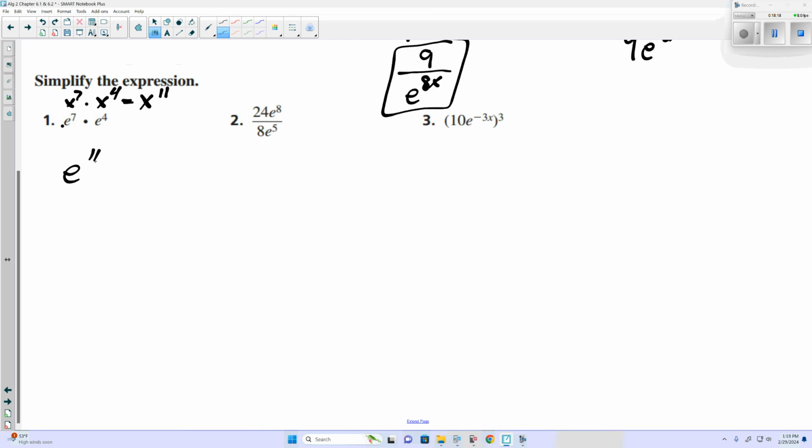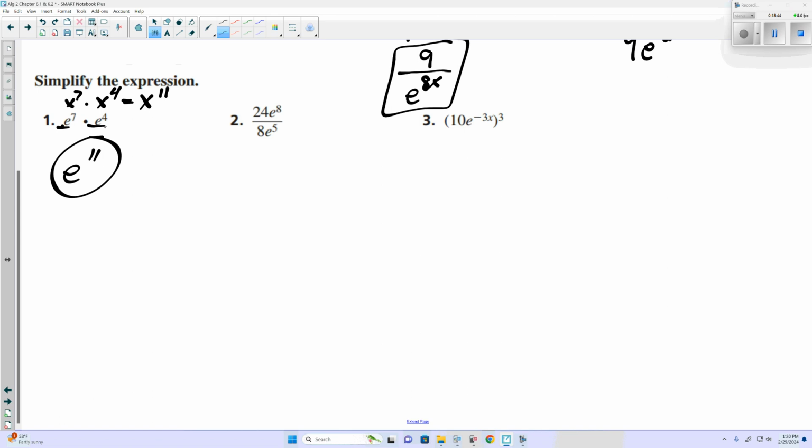So here it would just be e to the 11th. We don't have to do the x's for this, because I did that on the first one to show you all the similarity between the two. Since the bases are the same here, they're both e, we can add the exponents together. 7 plus 4. That's it. It's like an x, like our variables.